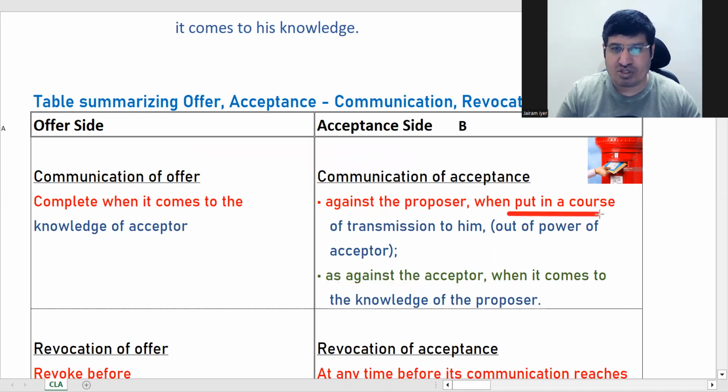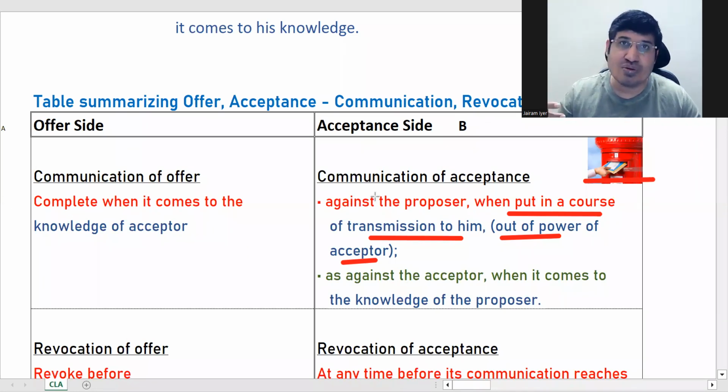When put in a course of transmission to him, out of the power of the acceptor, that's why we have shown you an image of a post box here. So against the proposer, when the acceptance is put in a post box, it is completed. Post box, I am saying, considering that he is accepting through a postal letter, or whatever the mode be.